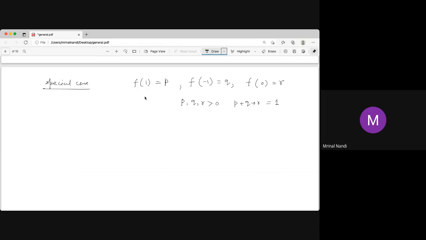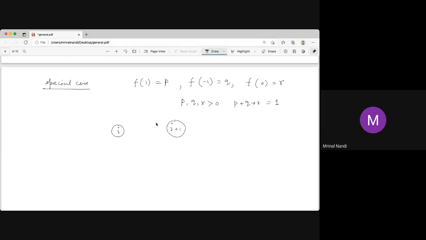Why is it a birth and death chain? Somewhere in a population, say n elements are there. In the next one hour, it may remain n, maybe n plus 1, or maybe n minus 1, one death. If a death occurs, with probability q; if a birth occurs, with probability p; only one birth and only one death, and maybe no birth, no death with probability r. In a graph, from i you can go to i plus 1 or i minus 1.